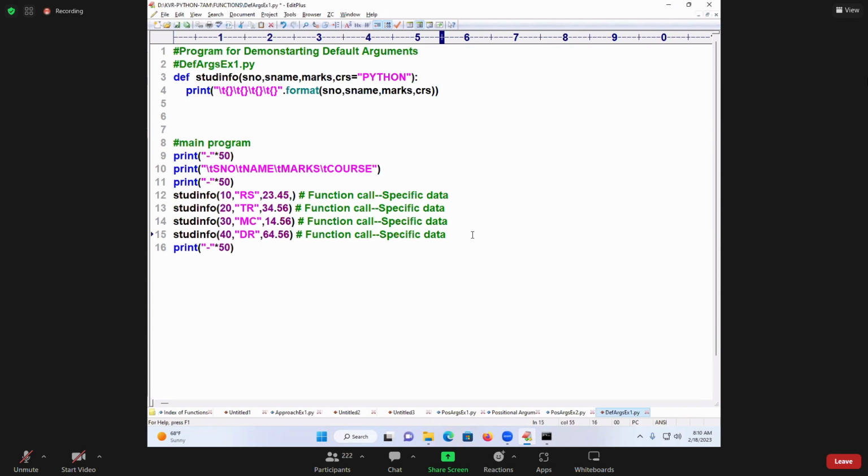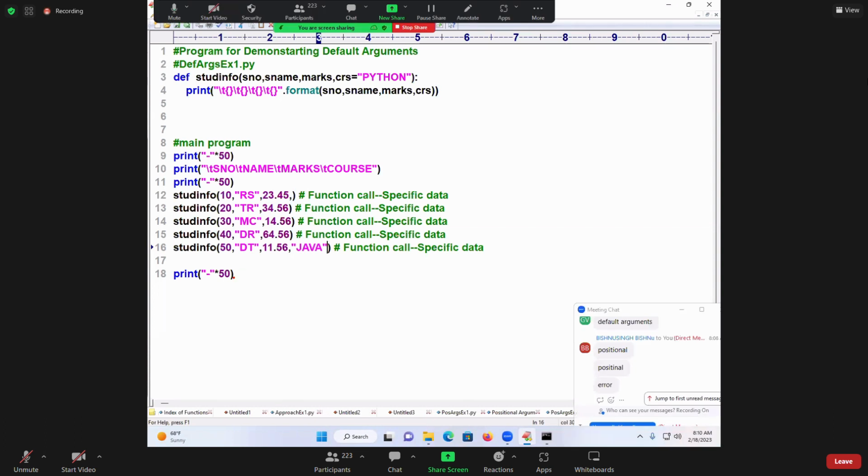Now the doubt is, sir, okay, this is fine. There is one more student who wants to learn Java. So you write it like this, Java. What is happening? You see. Easy.